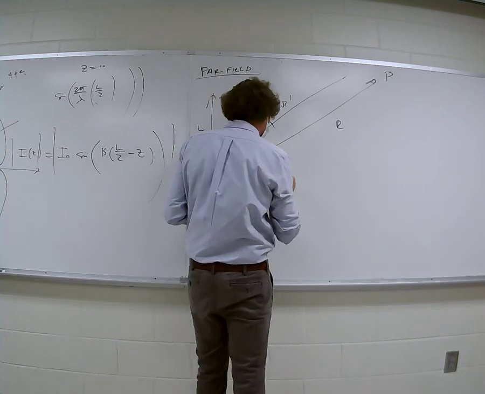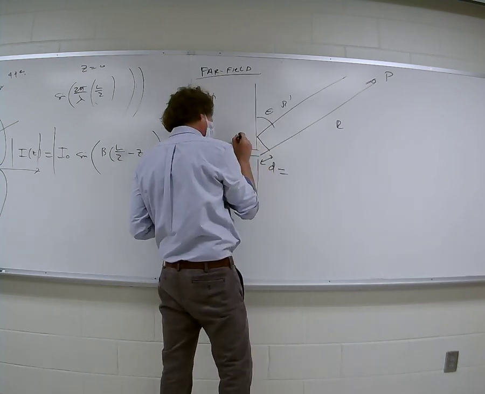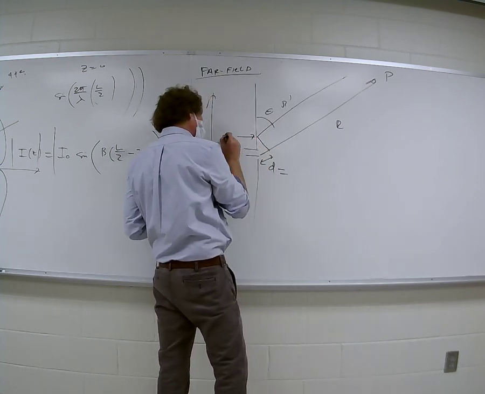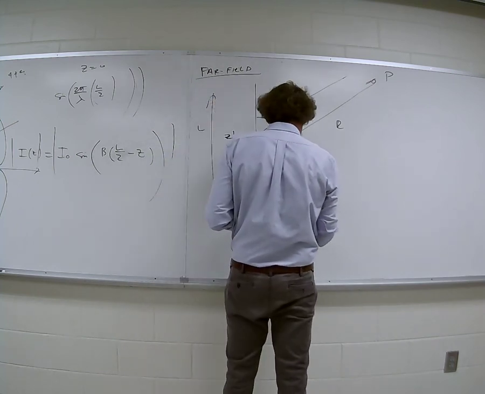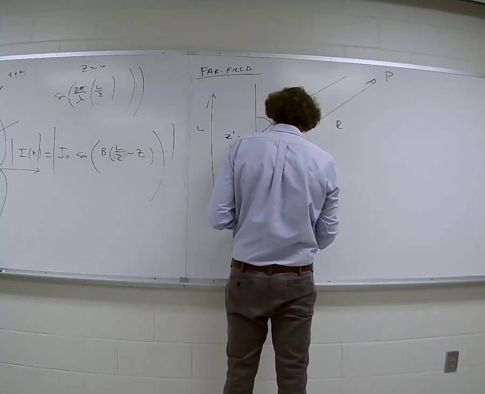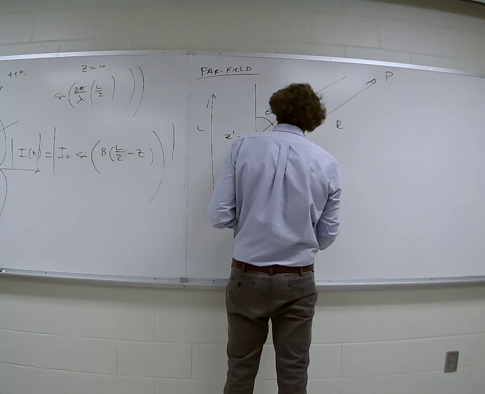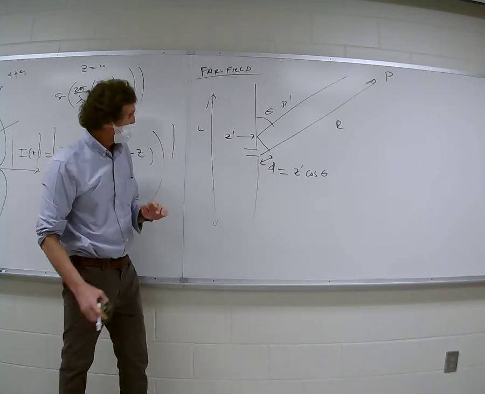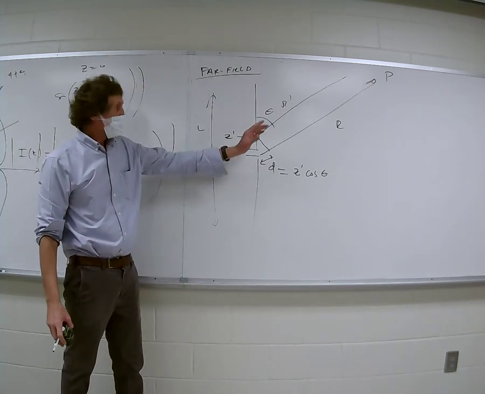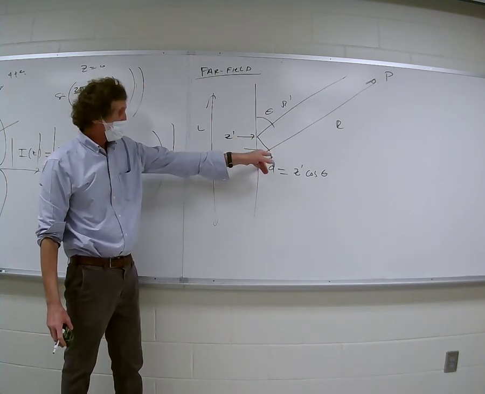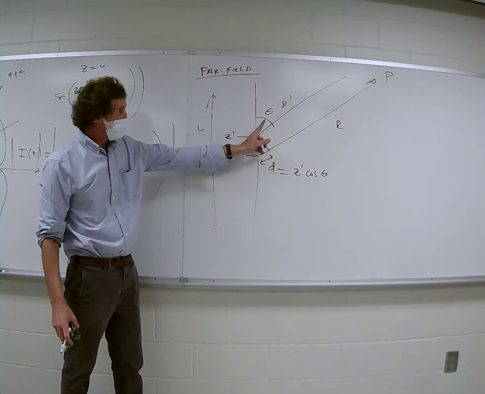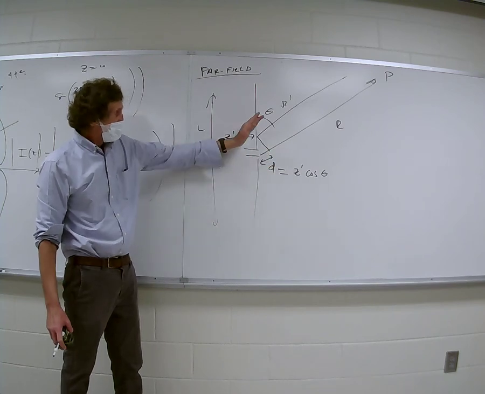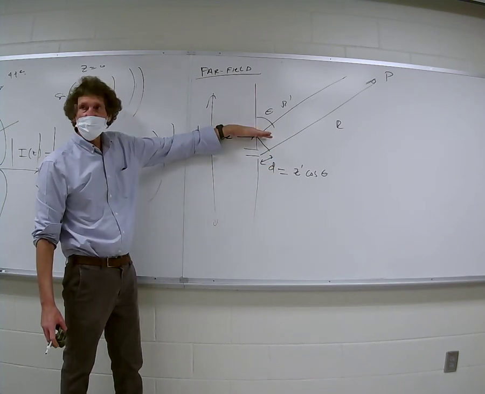And I know this distance D, if this is at a height Z prime, to be equal to Z prime times the cosine of theta. And I'll explain why in a second. Y'all see, if we're taking a look at the difference in distance between this vector R prime and this vector R, if they're going out 90 degrees, there's no distance difference. Do y'all agree with that?